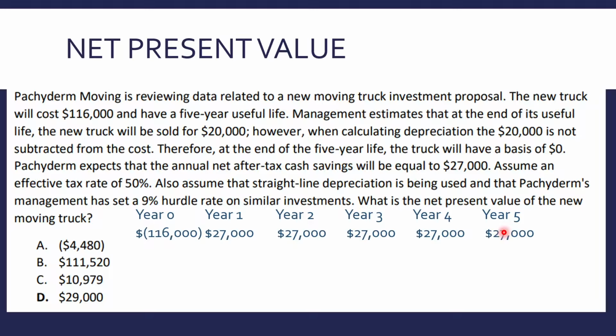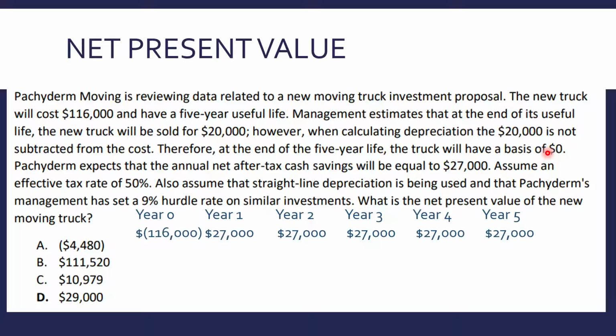We are lucky enough to have this already on an after-tax basis, so we do not need to calculate anymore. Now, at the end of the 5th year, we can sell the machine for $20,000. But because at this point the truck will have a basis of 0, we will experience a gain. That $20,000 minus a tax basis of 0 would mean a gain of $20,000.